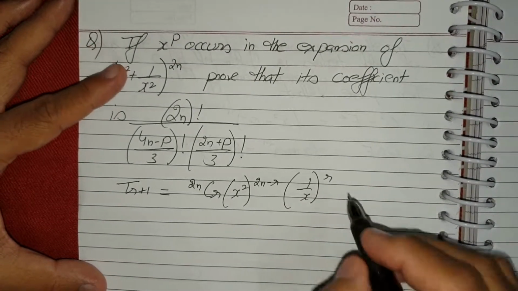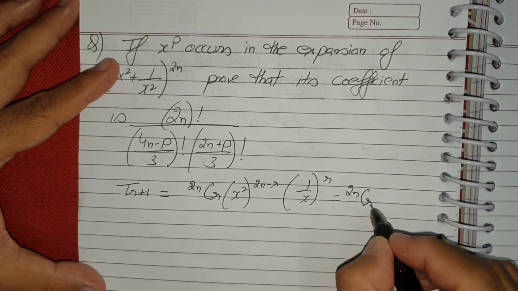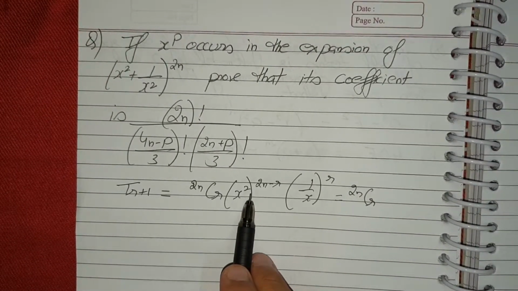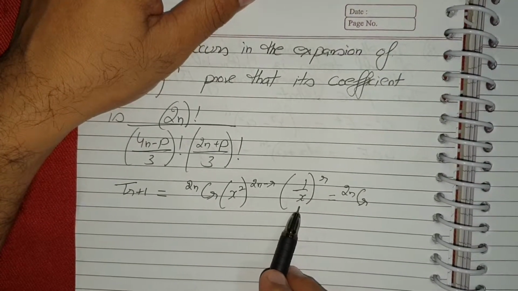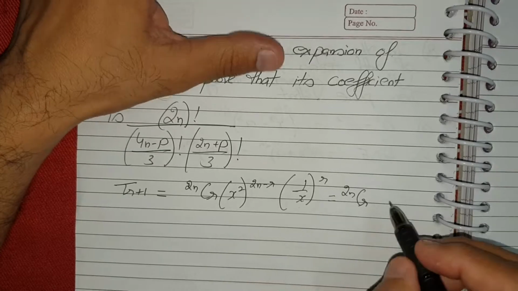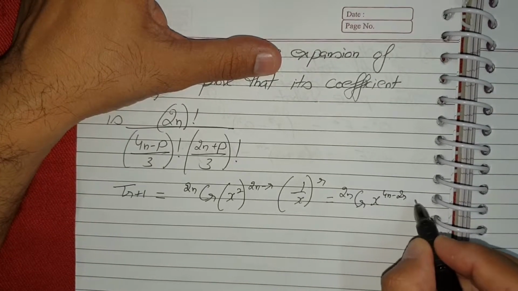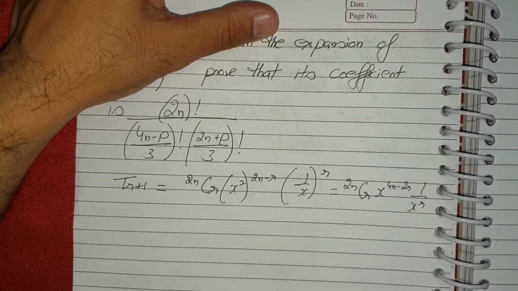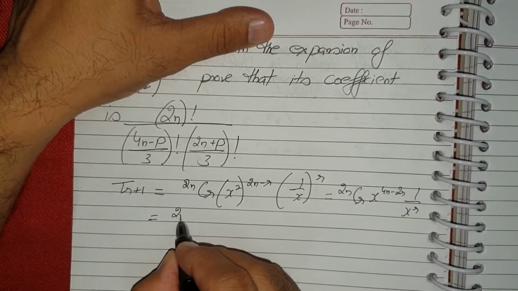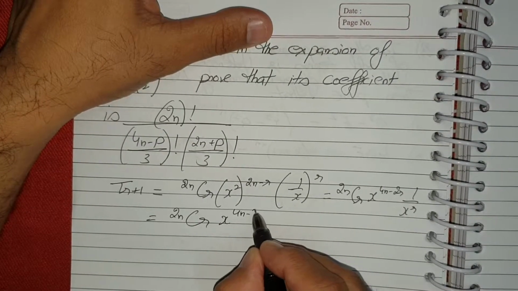Actually, this can be written as 2n C r, x to the power 4n minus 2r, and 1 upon x to the power r. This will be 4n minus 3r. So, this is 2n C r x to the power 4n minus 3r.